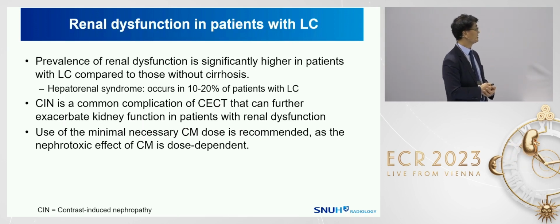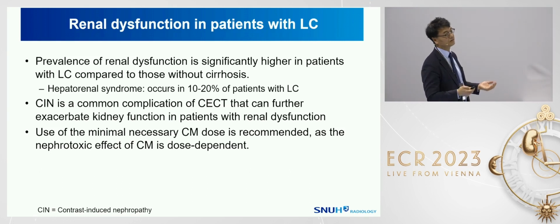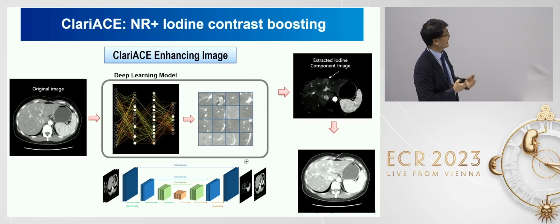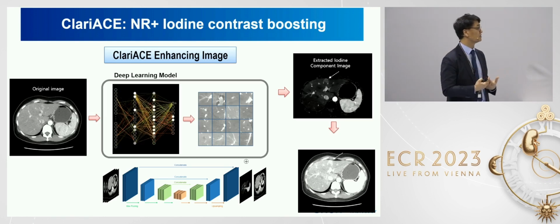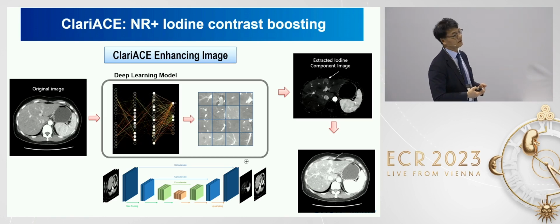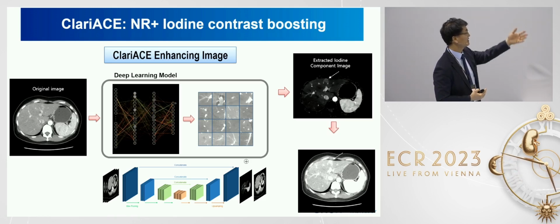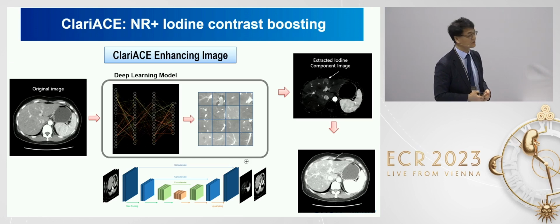Here you can see the clinical problems and clinical demand for reducing the contrast dose in patients with liver cirrhosis. ClariACE is a double-layered deep learning algorithm. One layer reduces radiation dose, reducing the image noise like ClariCT.AI, and the other is iodine boost.